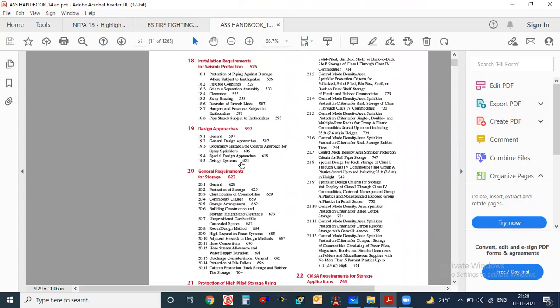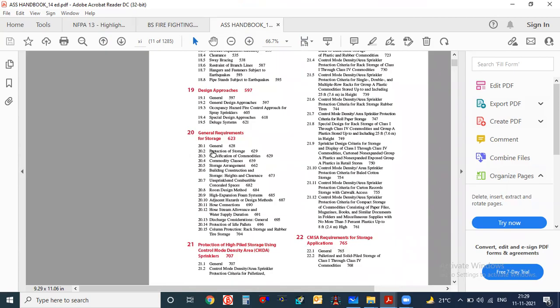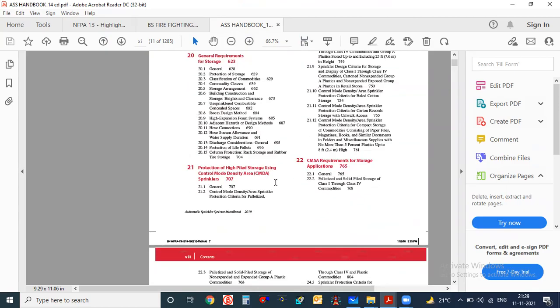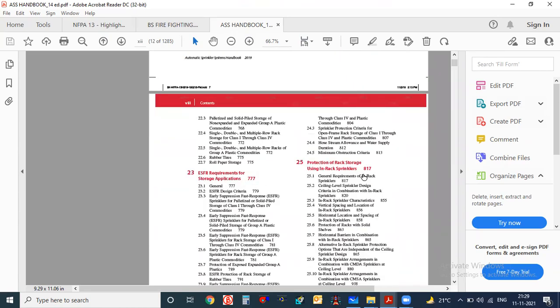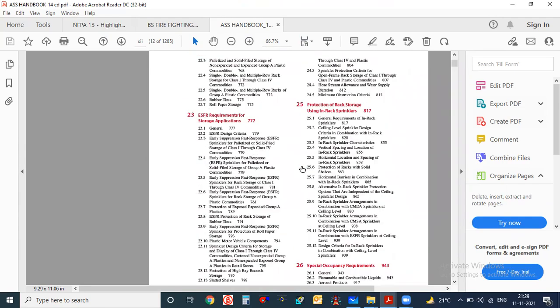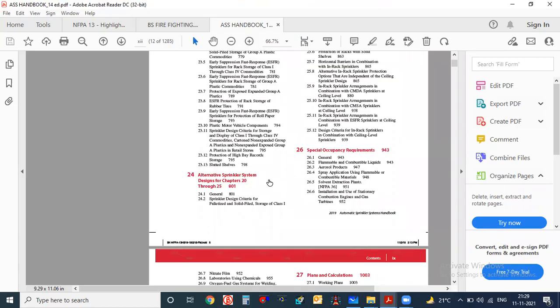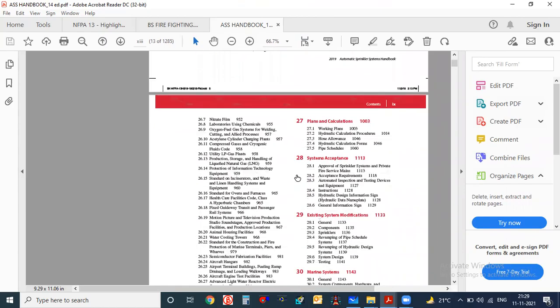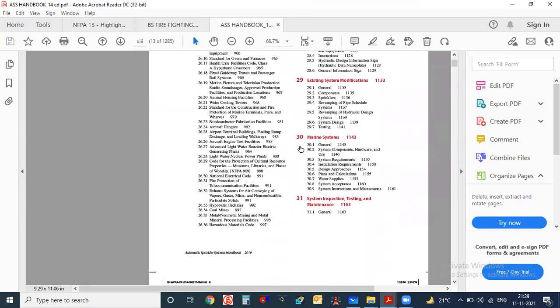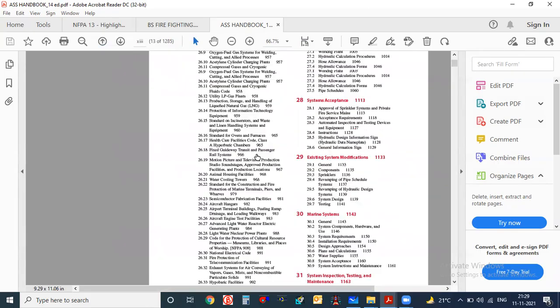So you can go through this, and they have also given one chapter for storage, and CMSA requirements for storage, ESFR requirements for storage, protection of racks, sprinklers. This book I found very good actually. Plans and calculation, so many things are given here.